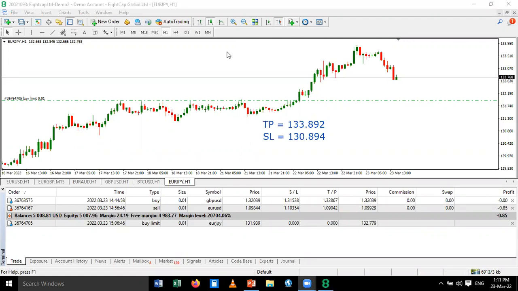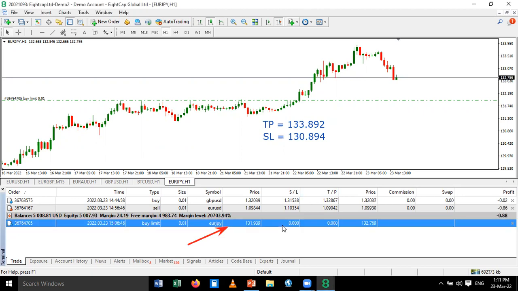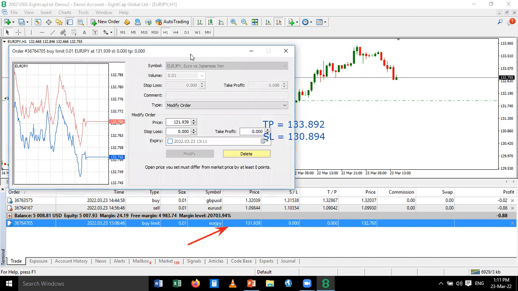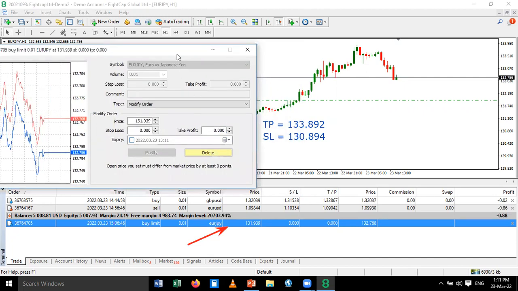Now, once I've done that, to add the stop loss and take profit to my buy limit pending order, I'll come down to where I have the order, which is here, and double click on it. When I click twice on it, this dialog box comes up.